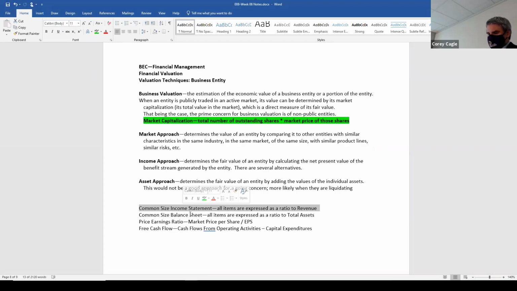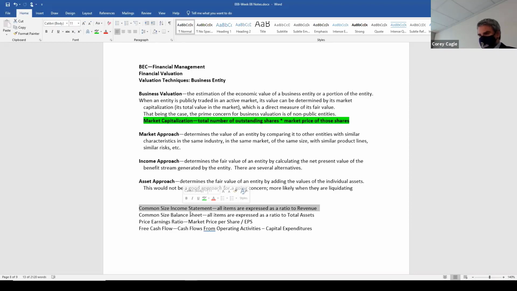Like on your balance sheet, the biggest number on there is your total assets, right? So a common size balance sheet is going to show everything as a percentage of assets. So cash will be like 20% of your total assets. Everything on there is expressed as that percent.